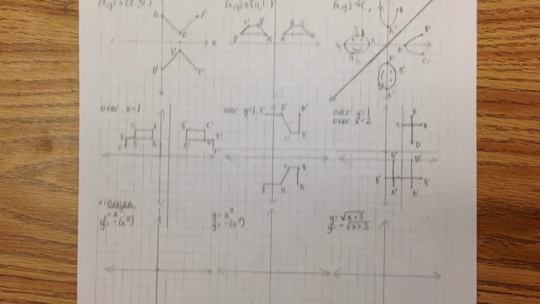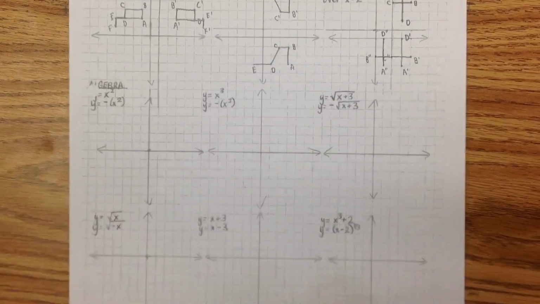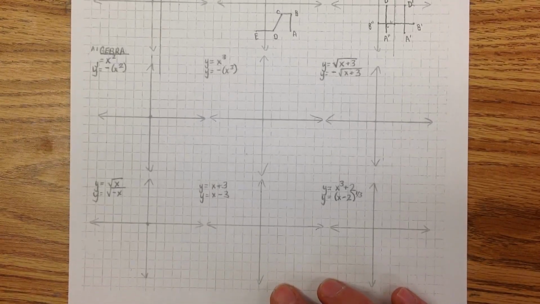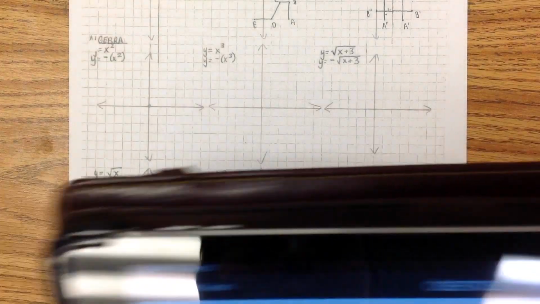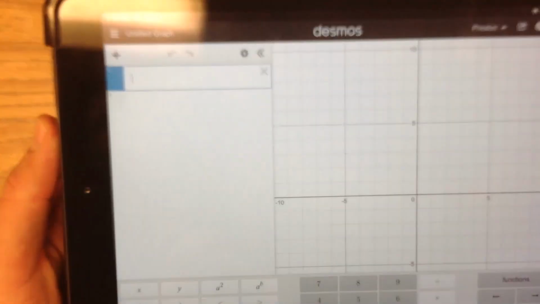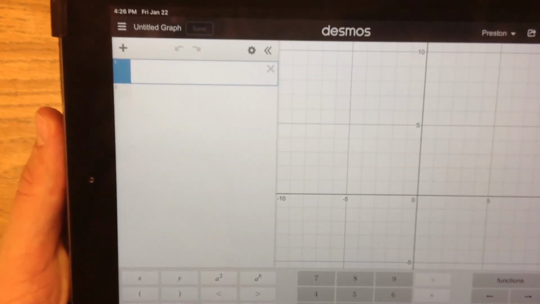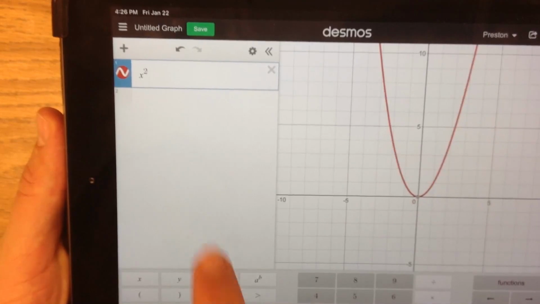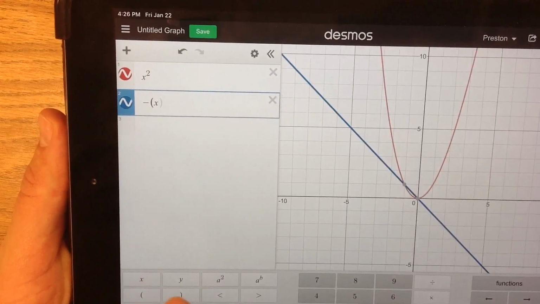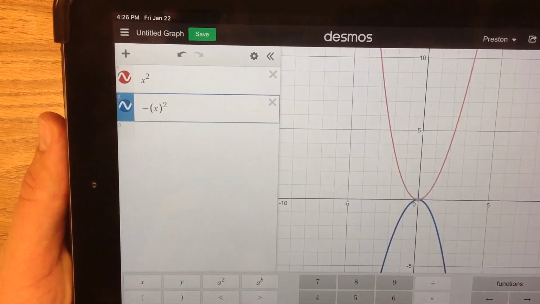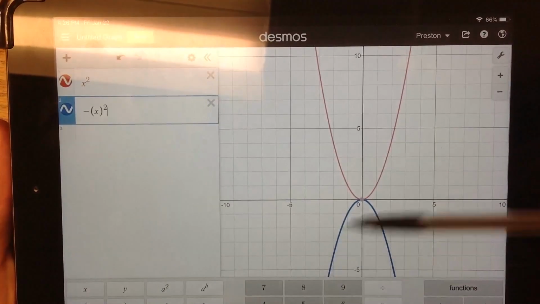Now for these, just like last time, we're going to use Desmos to graph these, and then we're going to determine what line it was reflected over. So if you go to Desmos here, that first one is the line y equals x squared. Looks like that. And then the other one is negative, parentheses, x squared. So how do we get from the red line to the blue line?